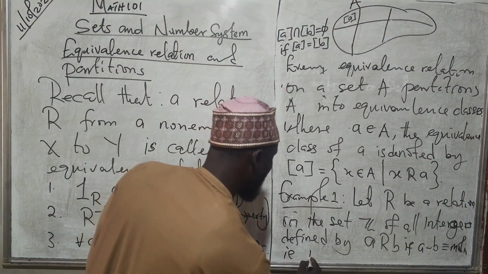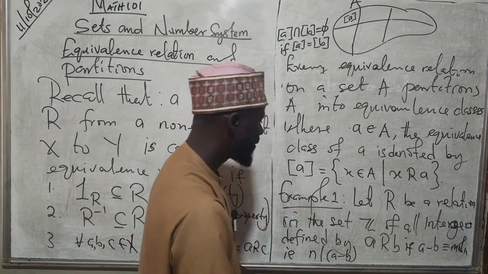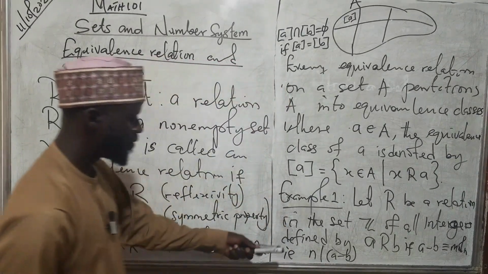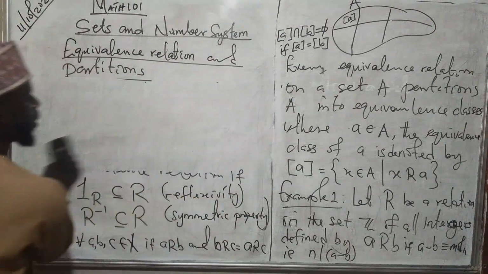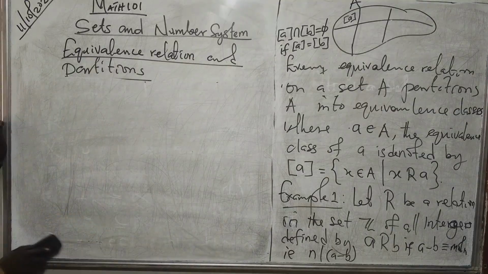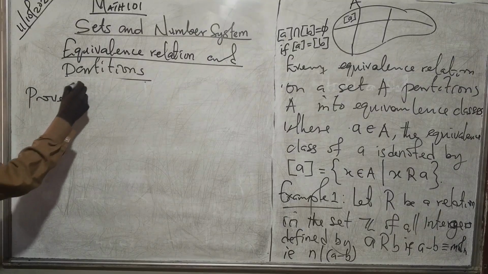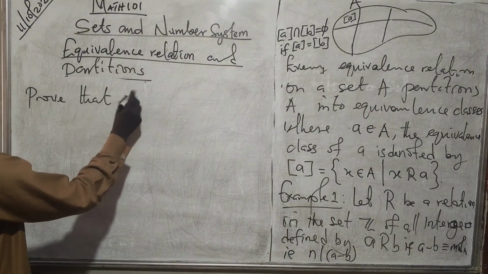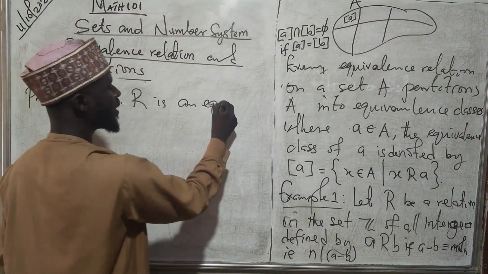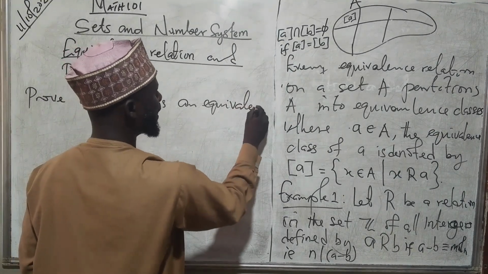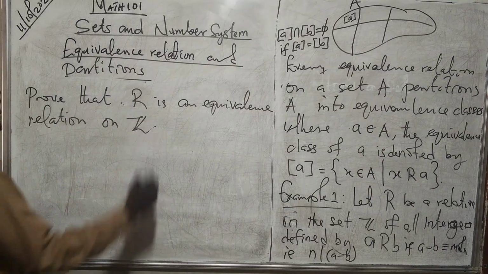That is, n divides A minus B. So A is related to B if n divides A minus B for a fixed integer n coming from the set Z. Prove that R is an equivalence relation on the set of integers.